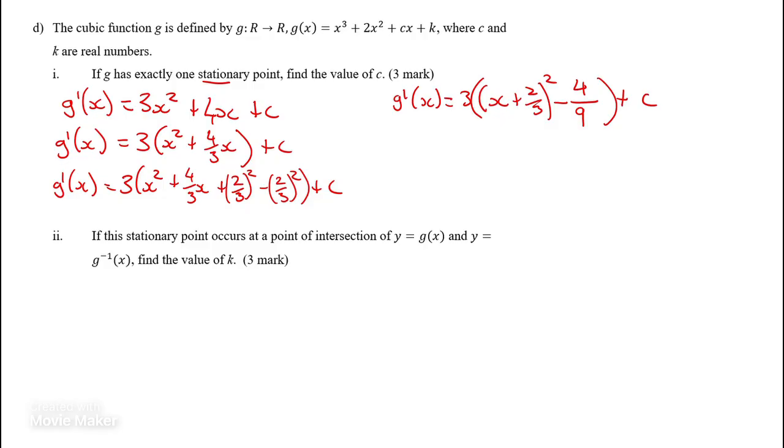Now I can go one step further and simplify that by going 3 times 4 equals 12. 12 over 9 gives me 4 over 3.